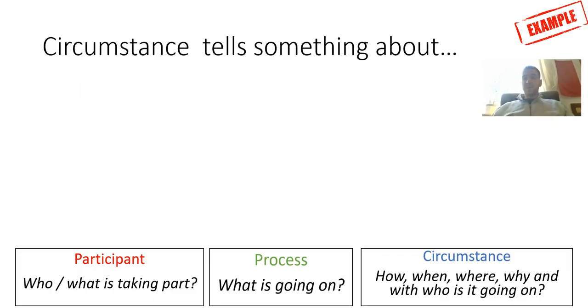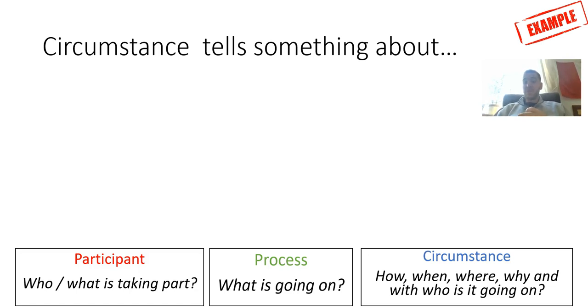Overall, we can divide the English grammar and English language into three categories. These are called participant, process, and circumstance. This participant describes who and what is taking part in a sentence. The process is describing what is going on, the action that is being performed in the sentence.